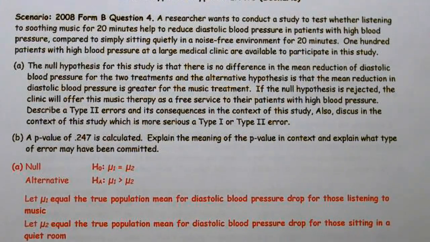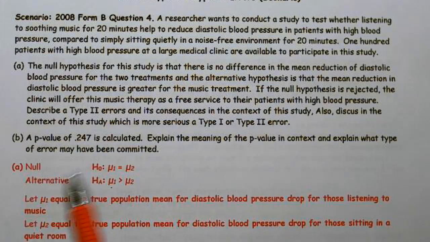The null hypothesis for the study is that there is no difference in the mean reduction of diastolic blood pressure. So whether I'm listening to music or sitting in a quiet room, the drop is going to be the same. The alternative says the drop for listening to music is greater than the drop for not listening to music.